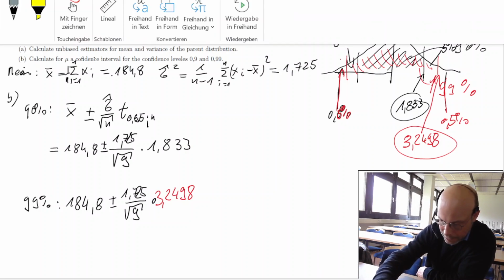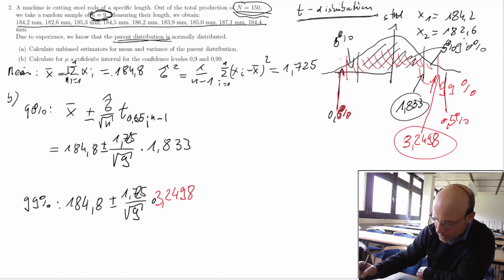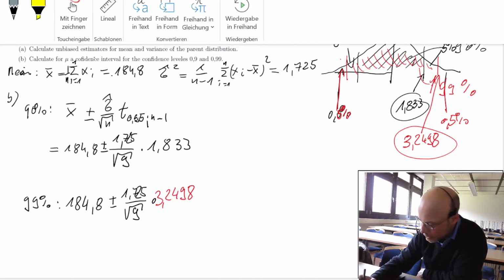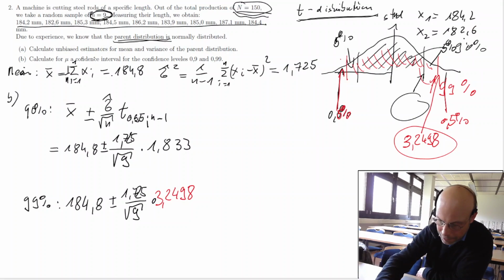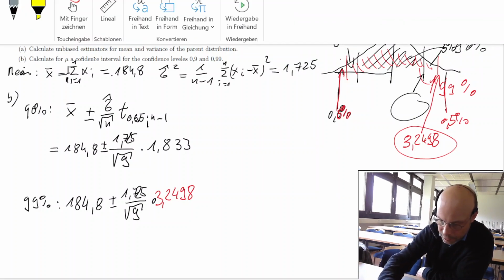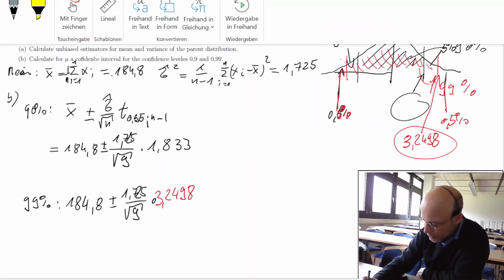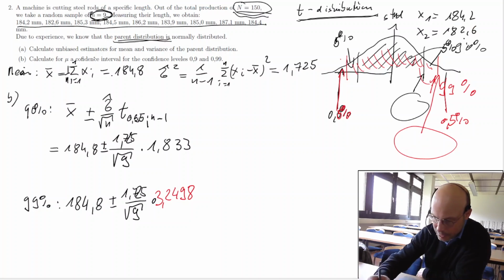Sorry. So here we need n minus 1. So also these numbers are wrong, because we have to look up the numbers for 8 and not 9.